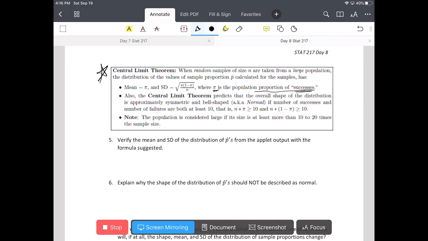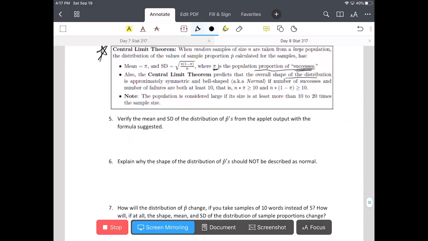But remember, a lot of times we'll assign pi a value, right? 50-50, so it's 0.5. Also, the central limit theorem predicts the overall shape of the distribution is approximately symmetric and bell-shaped, in other words, normal, if the number of successes and number of failures are both at least 10, that is, n times pi is greater than or equal to 10, and n times 1 minus pi is greater than or equal to 10.